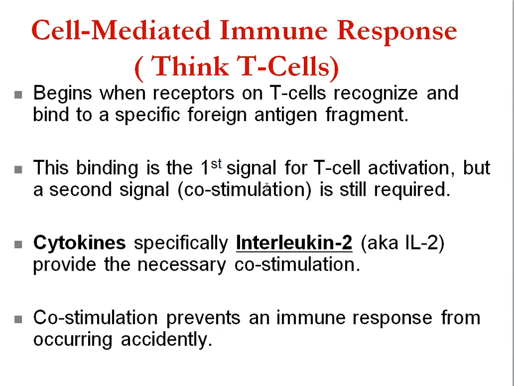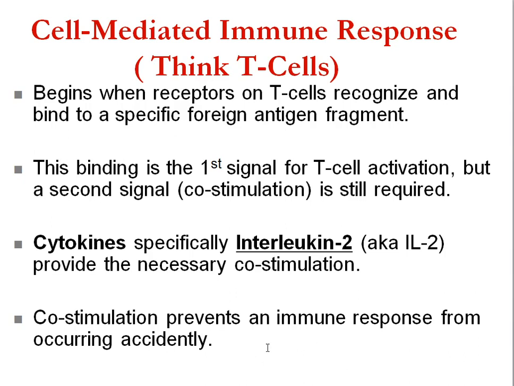This binding is the first signal for the T cell activation, but a second signal, co-stimulation, is still required. So we use cytokines, specifically interleukin-2 or IL-2. So cytokines, IL-2, interleukin-2 provide the necessary co-stimulation. And we require this co-stimulation in our body to prevent an immune response from occurring accidentally.